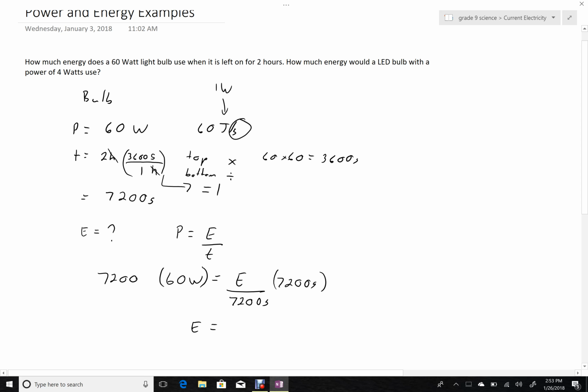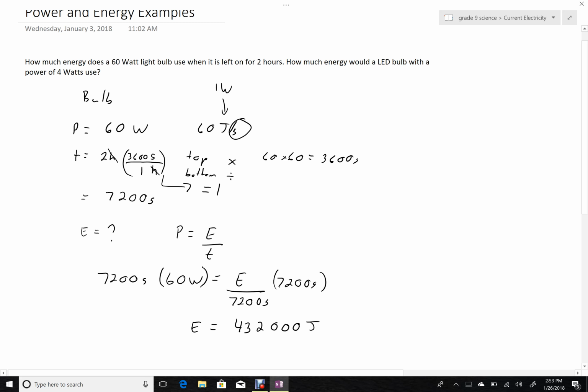My energy works out to be 60 times 7,200, 432,000. And that number would be in joules, because remember that a watt was joules per second, so when we multiply out the seconds, we're left with just joules.